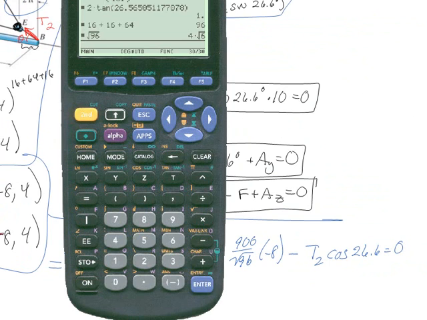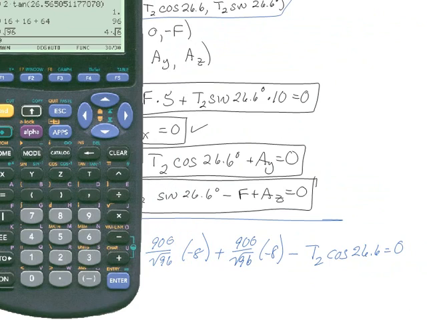And that's going to give me some kind of an answer, which is good. So I have 900 divided by the square root of 96 times -8, divided by the cosine of that, and then divided by -1, which should give me 15.7. Just like, yeah, beautiful.